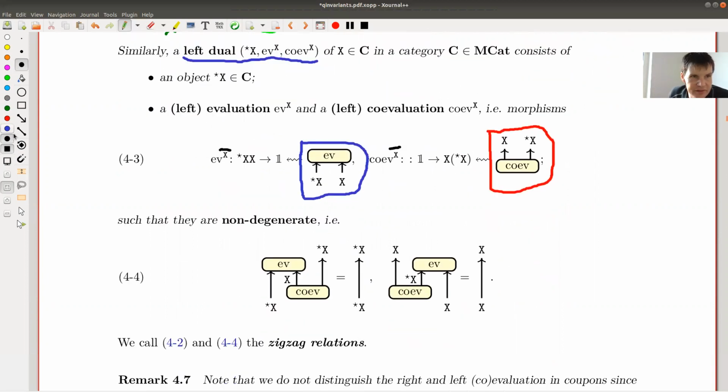And the non-degeneracy condition is exactly the same, but now in the opposite order of composition, right? Because now you can compose in the opposite direction.